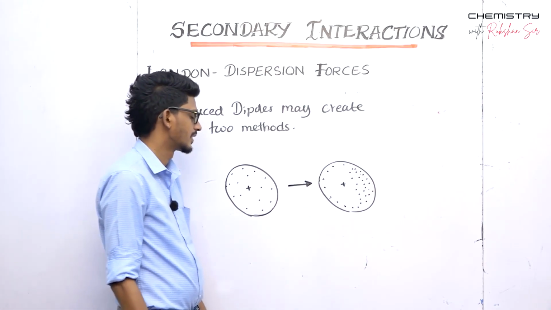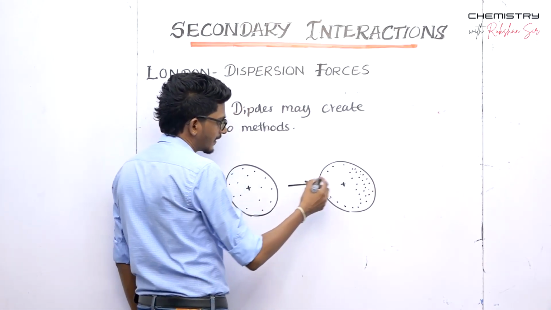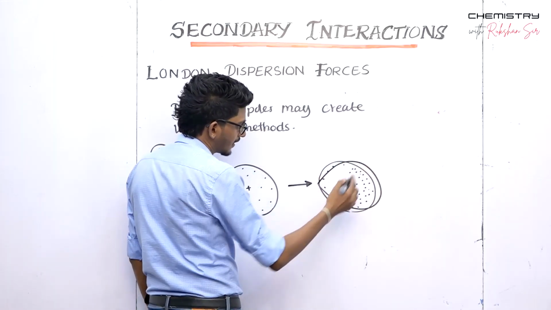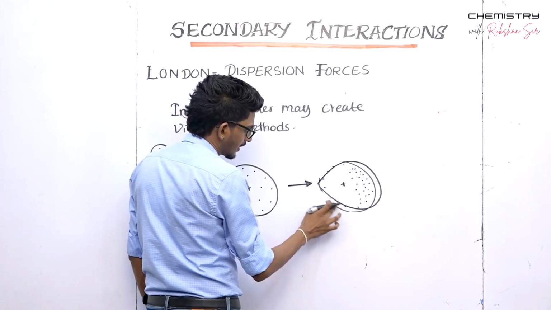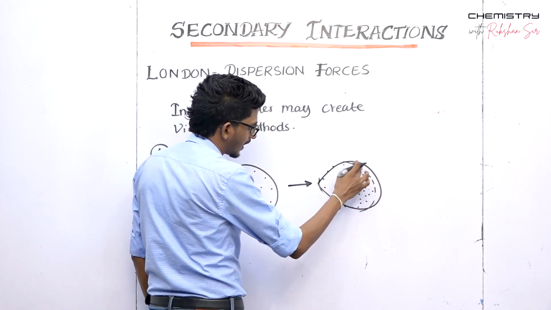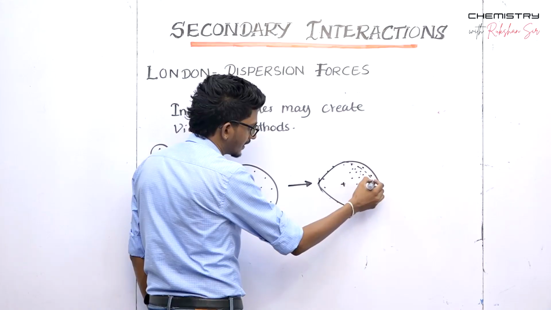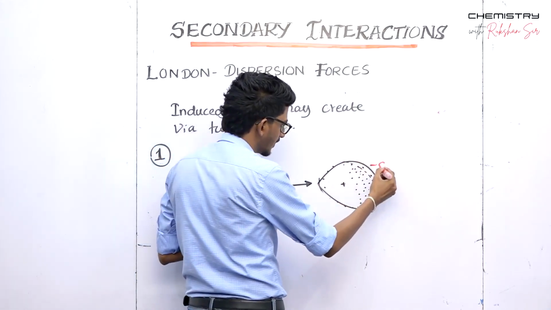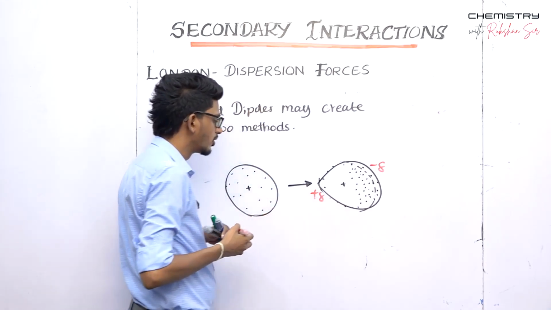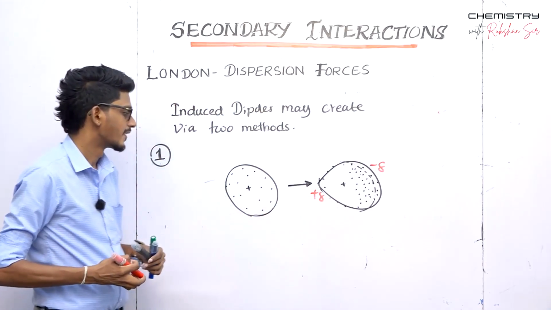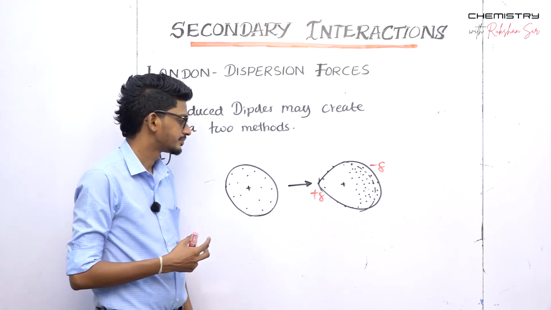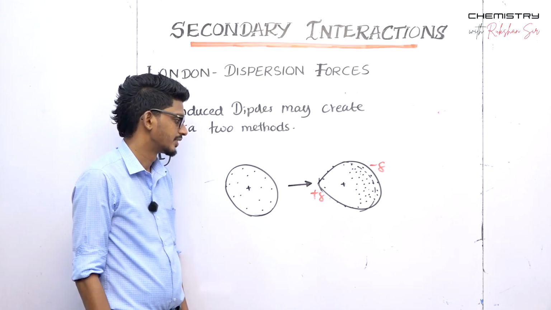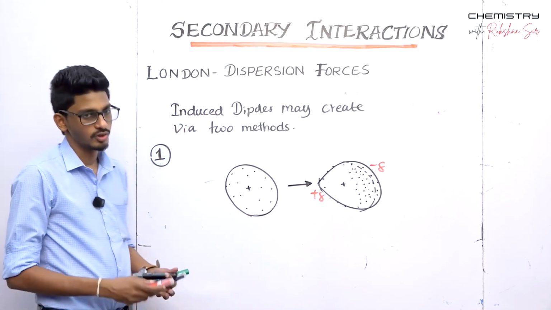Then what will happen? This area is with more electron density and the other area is with less electron density. That means you will create a negative pole here and a positive pole here, not because of the presence of any other species, but on their own they will create these kind of dipoles because of the electronic movements.